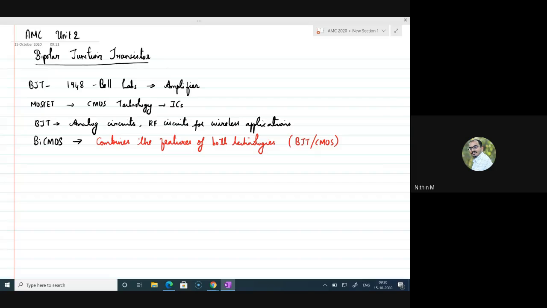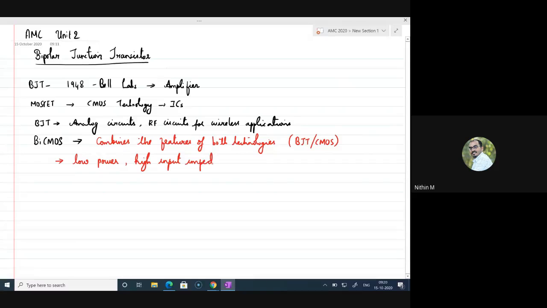To list out the features of BiCMOS: it is low power compared to others, and it has high input impedance. These are actually the features of CMOS or MOSFET. Now, the features of the bipolar junction transistor: they can operate at very high frequency.